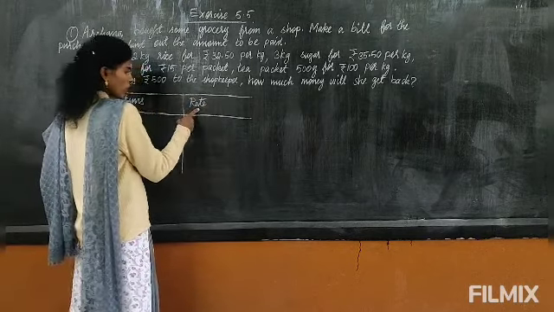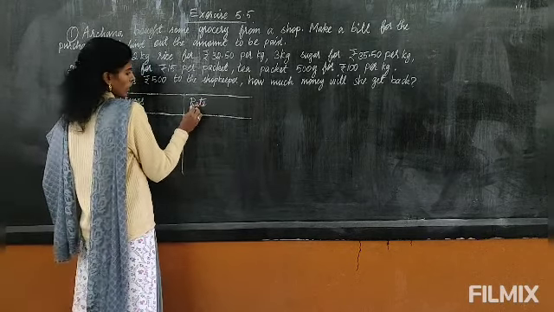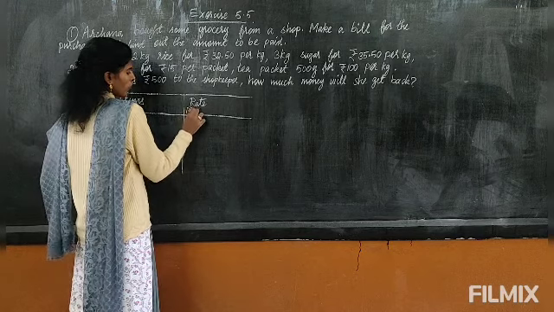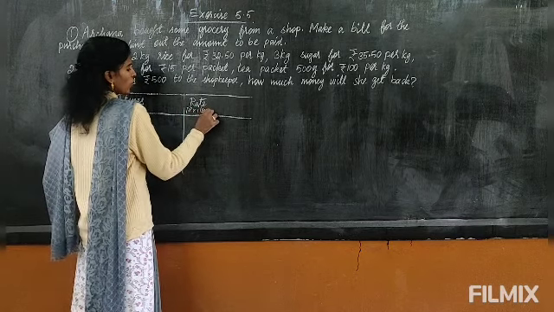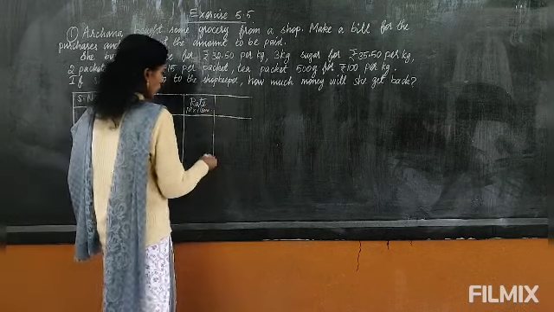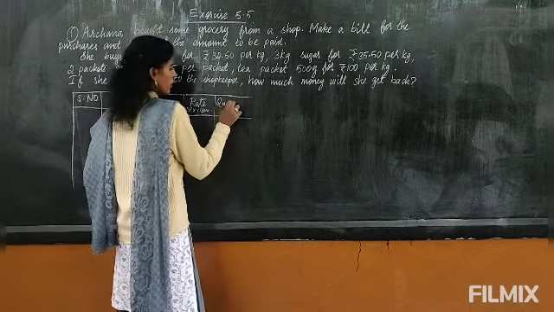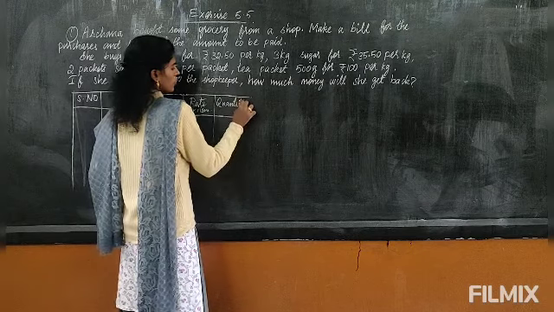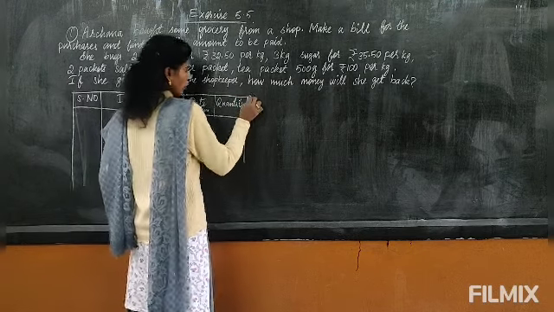For this one it is price per item. For one item, how much it is, that you have to write. Next, you will write the quantity, how many they are buying. Then after that you will write the amount.